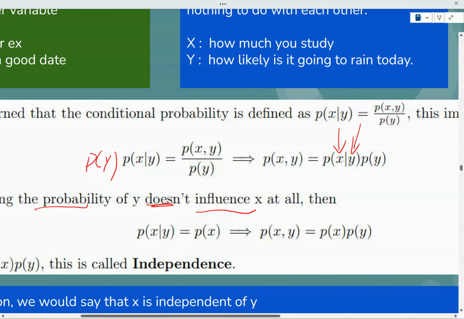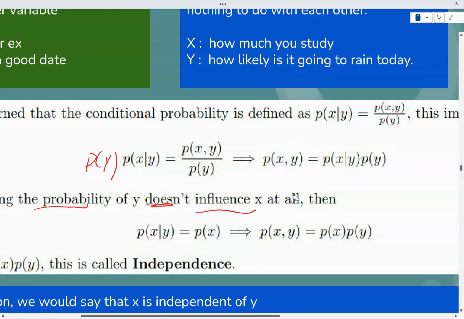For example, let's say y is whether it rained 10 years ago on a particular day, and x is whether you're going to kick a rock today, and they basically have no relationship with each other. If that's the case, then you can actually cancel this out, implying that the probability of x times the probability of y is equal to the probability of x and y.